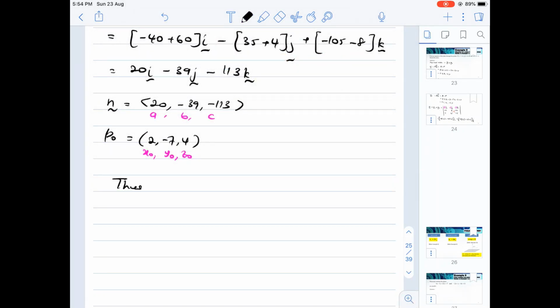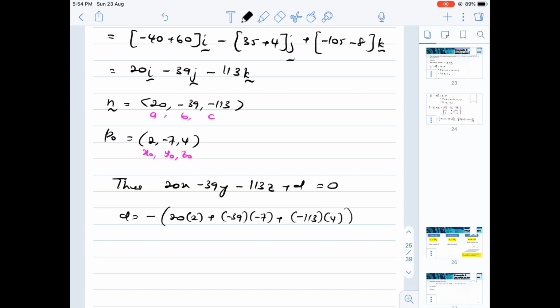Thus, we have Ax, so 20x, plus By, so minus 39y, plus Cz, so minus 113z, plus D equals 0. So we need to calculate D, which is negative Ax naught, so 20 multiplied by 2, plus negative 39 multiplied by negative 7, plus negative 113 multiplied by 4.